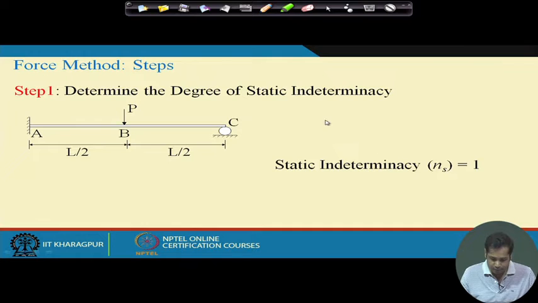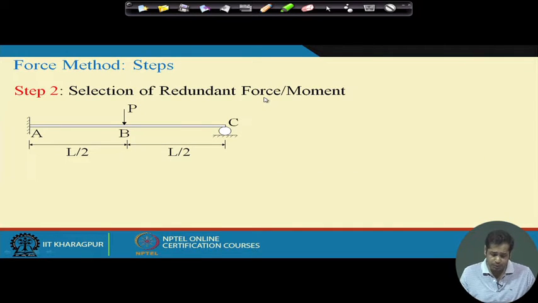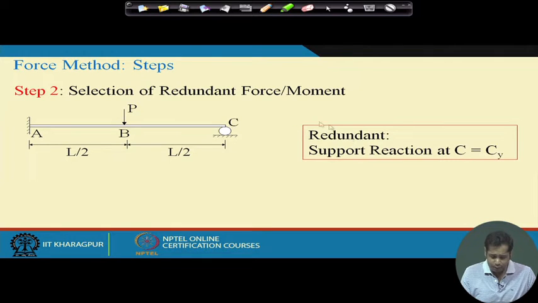Then step 2 is, once we know the static indeterminacy, we need to choose the redundant force or redundant moment. For instance, in this case the static indeterminacy is 1, so we need to find out what is the redundant force or redundant moment. If we take the support reaction at C, Cy, as the redundant force, then we can divide the structure into 2 parts.